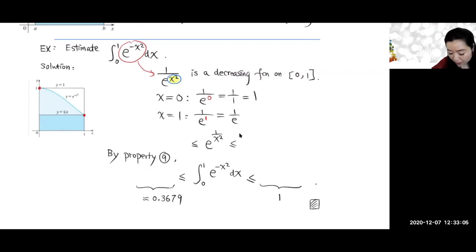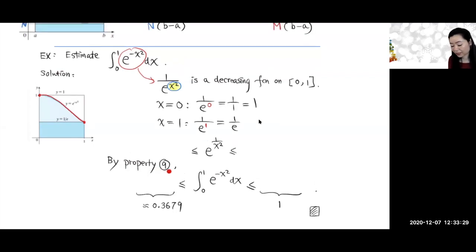So that's the graph for this function. Now this integral over here, they want you to estimate. This integral corresponds to the area under this red curve right here. So by the property that we just went over, that integral is going to be greater than or equal to the lower bound. What's the lower bound?